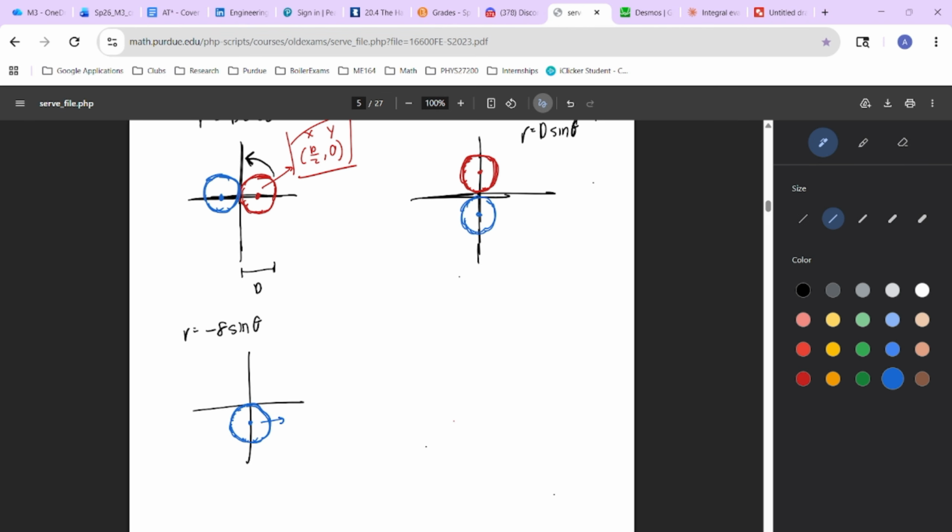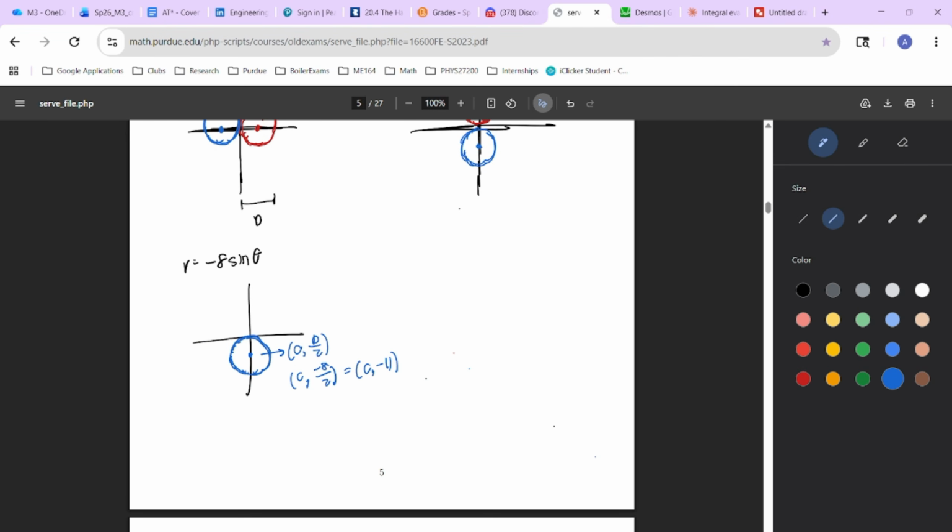Thus, we know that that circle must be centered around 0 comma d over 2, where d is negative in this case. So it would be 0 comma negative 8 over 2, and that turns into 0 comma negative 4.